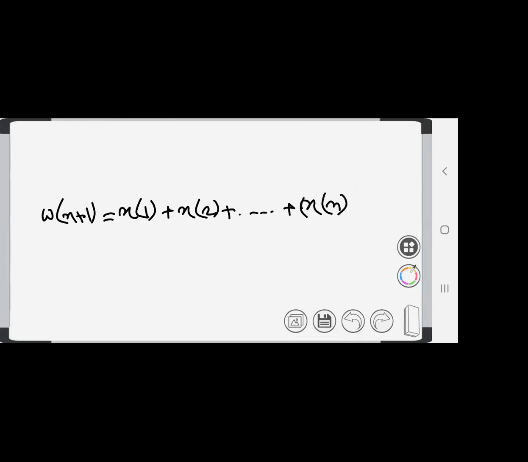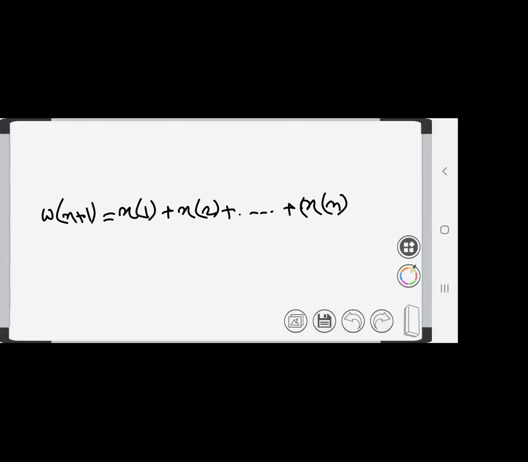Since the classes C1 and C2 are assumed to be linearly separable, there exists a solution W0 for which W transpose x n is greater than 0 for the vectors x n belonging to the subset of H1.